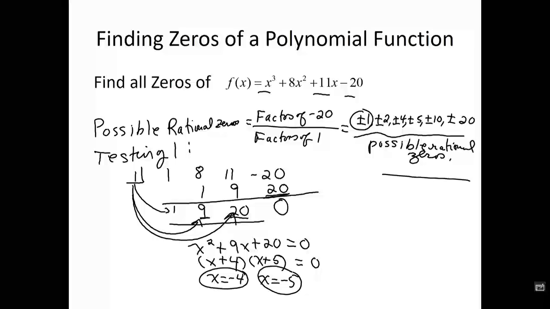So therefore, the zeros are negative 5, negative 4, and 1.